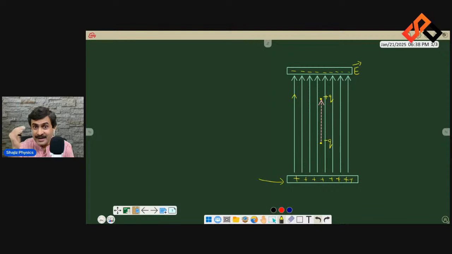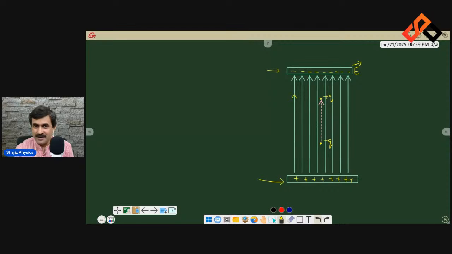And in a similar way, whenever the negative charge is remaining closest to the positive plate, the attraction will be maximum, and on the negative charge, the repulsion due to the negative plate will be minimum. So this is the most comfortable position of the dipole when it is placed in an electric field.